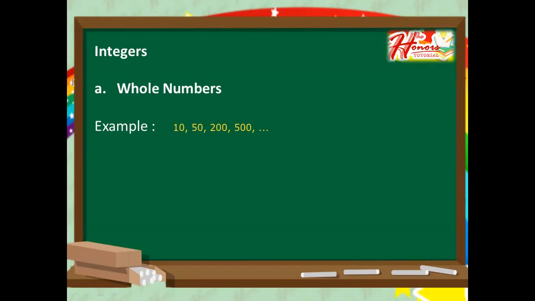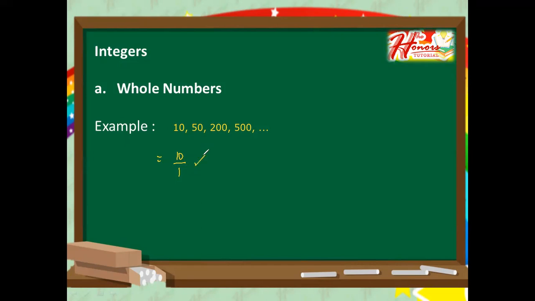Then, how can we prove that these numbers are rational numbers? It is because we can write them in the form of a over b. How? Just write 1 in the denominator, then it is now in the form of a over b. So that's 10 over 1.